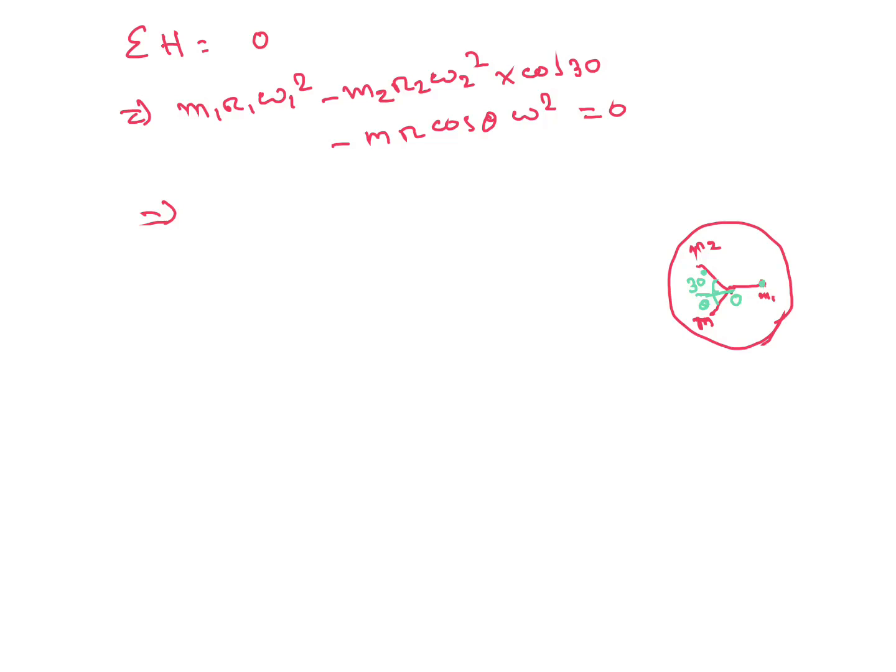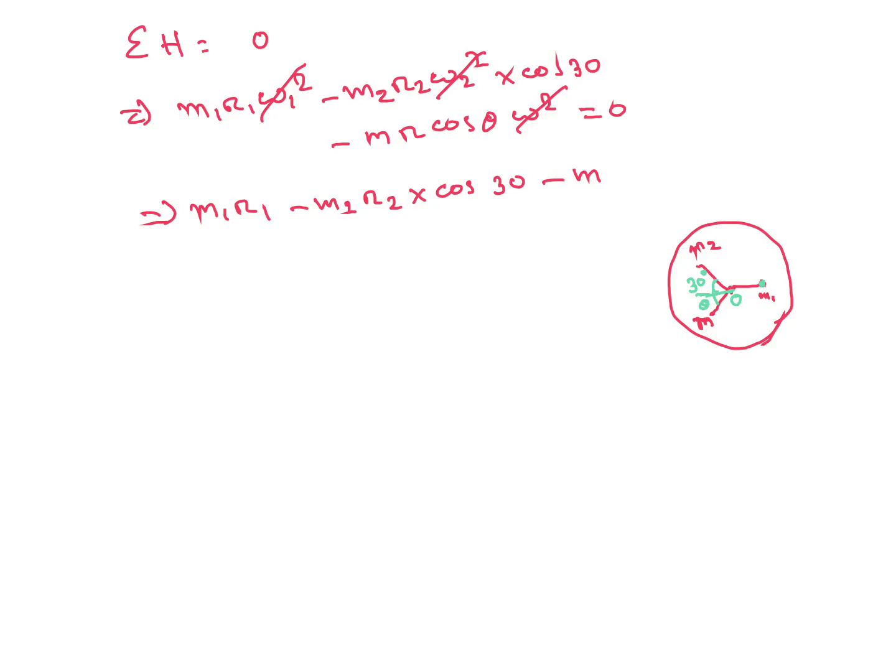And for M also it's negative, m r cos theta omega square. Omega we already discussed, all are same, so cancel. M1 R1 minus M2 R2 cos 30 minus m r cos theta equal to 0.